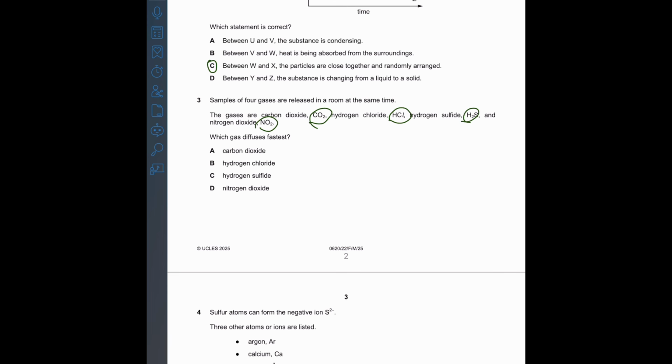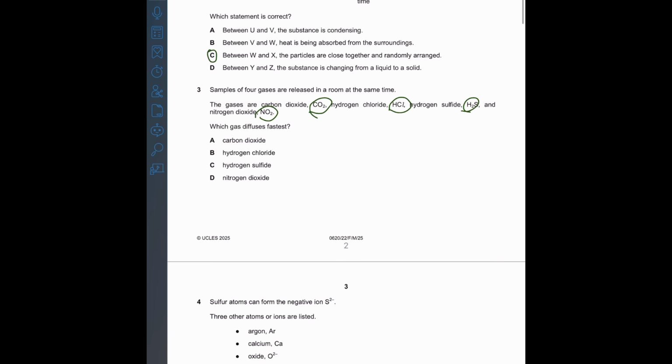So the only factor that will affect diffusion rate is the mass of the particle. So if we calculate their mass, we will find out that hydrogen sulfide will have the least mass.